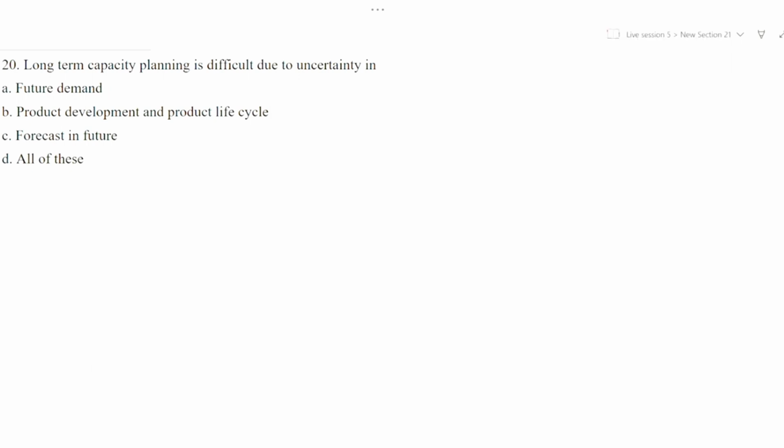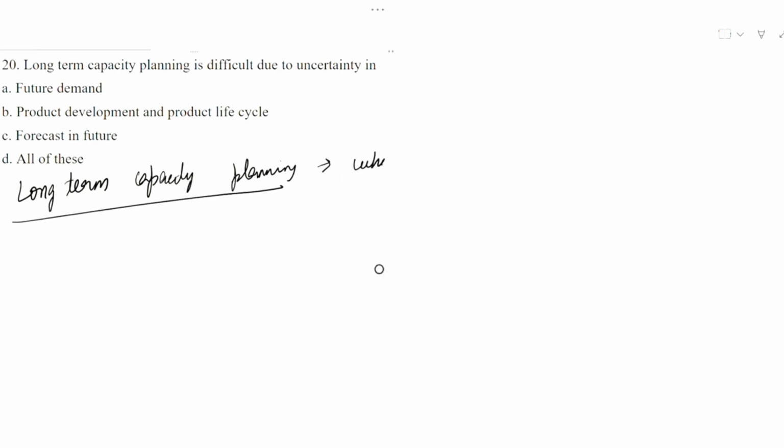Now, long-term capacity planning is which is for 5 to 10 years ahead.